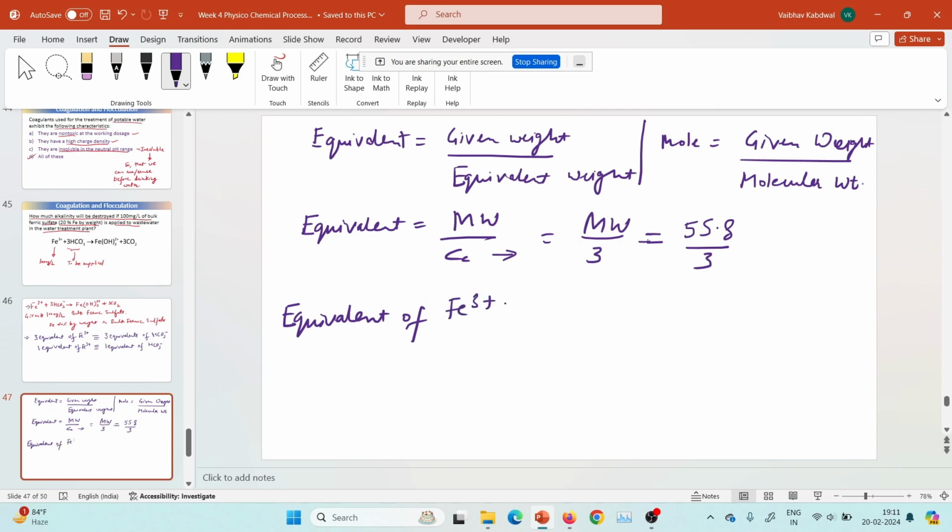So equivalents of Fe3+ will be given weight divided by equivalent weight. The given weight was 100 milligram per liter, so let me write it as 100 into 10 to the power minus 3 grams, into 0.2 for 20%, divided by 55.8 divided by 3. We will solve it.